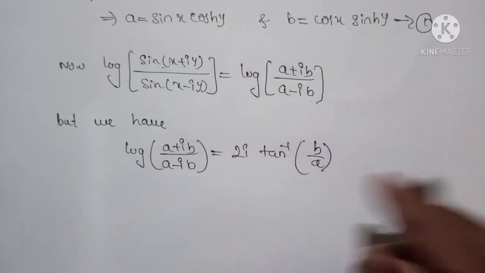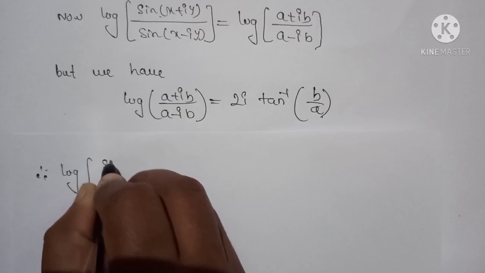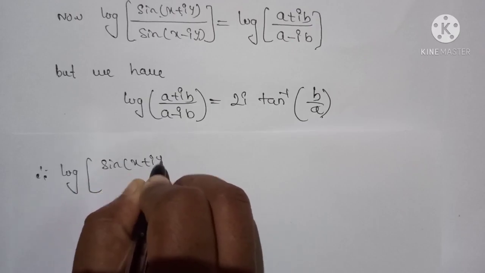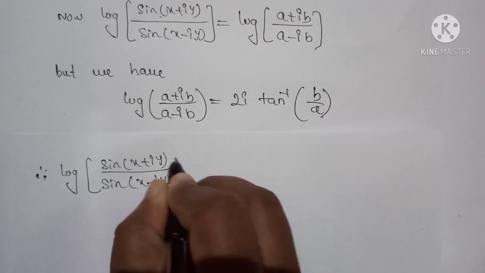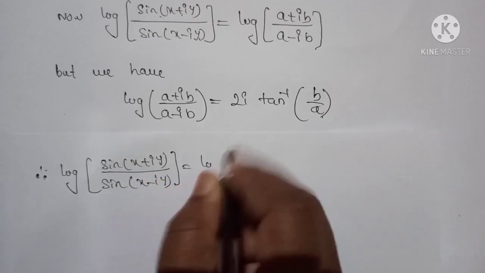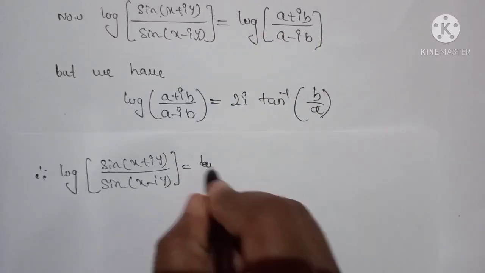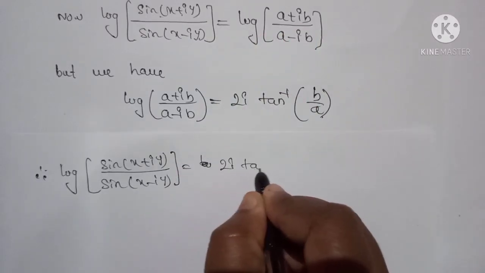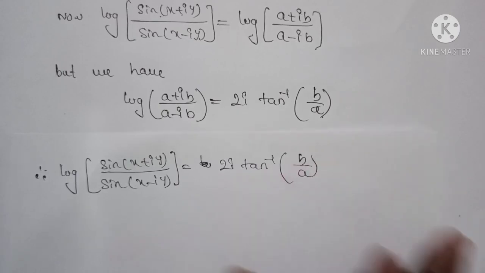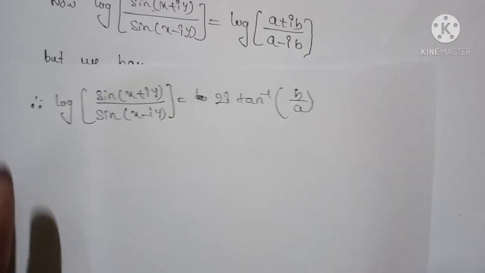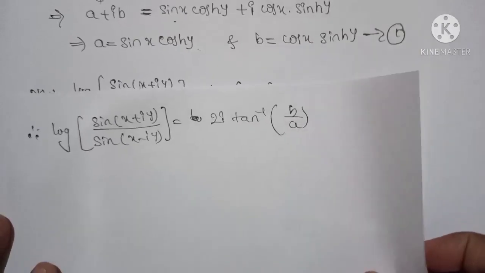So now, log of sin of x plus iy divided by sin of x minus iy is equal to log of a plus ib divided by a minus ib, whose value is 2i tan inverse of b by a. It is in terms of b and a. Now we substitute the b and a values from equation 1.